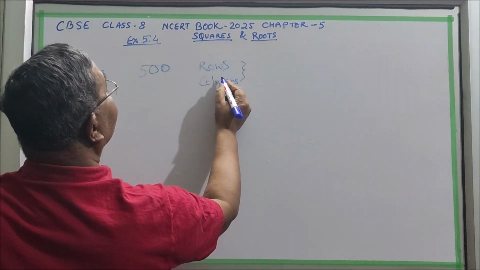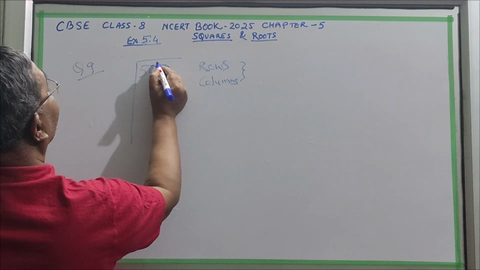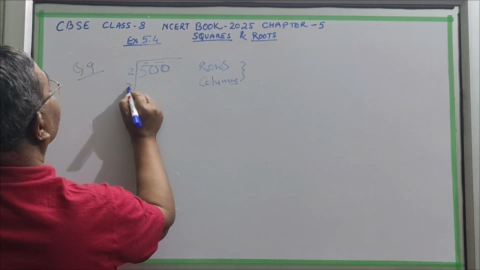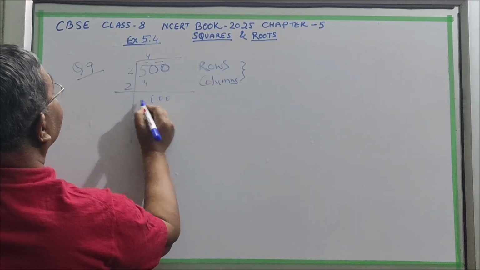Rows and columns should be equal, so we have to find a square root. So 2 to the 4. 1 0 0, 4 will come here.